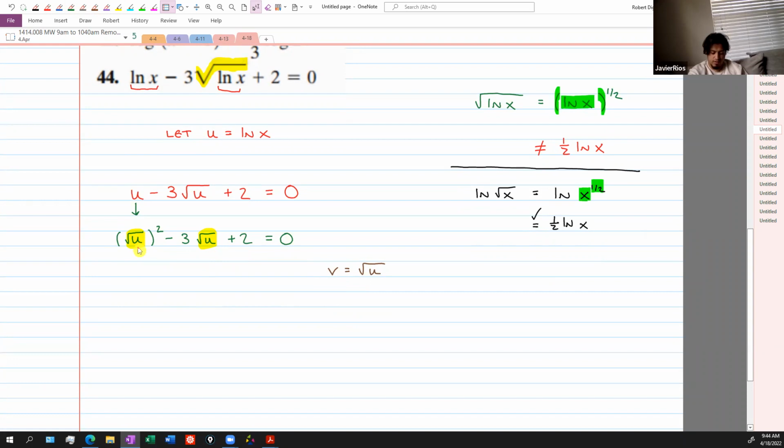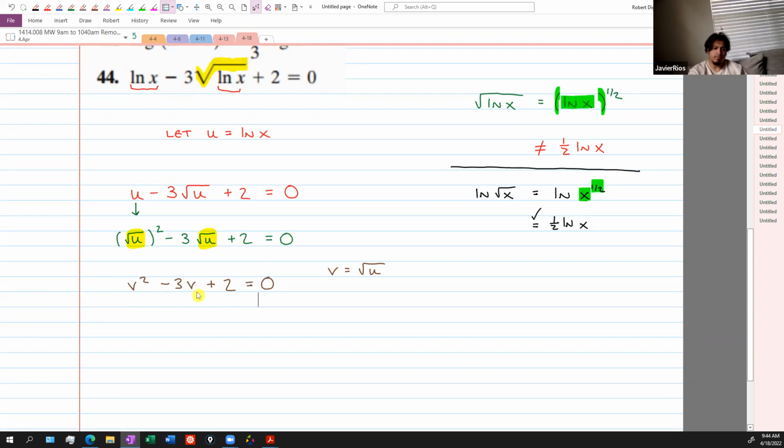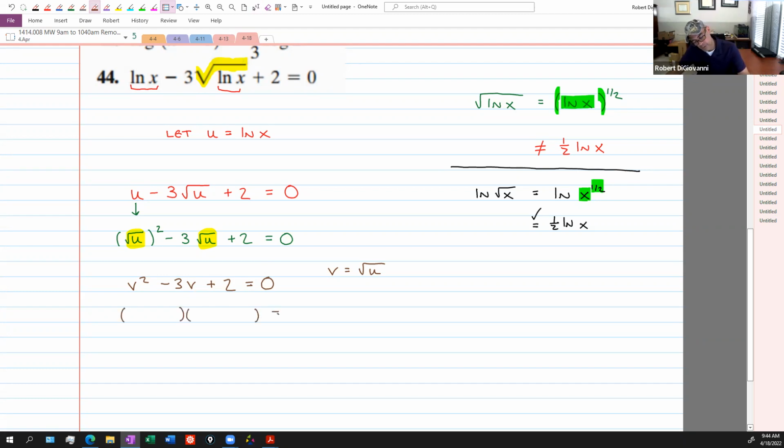V squared minus 3v plus 2. Mm-hmm. And then what type of equation is that? Quadratic, right? It's a quadratic. Can you factor it? How would this factor? V, what would we need here?